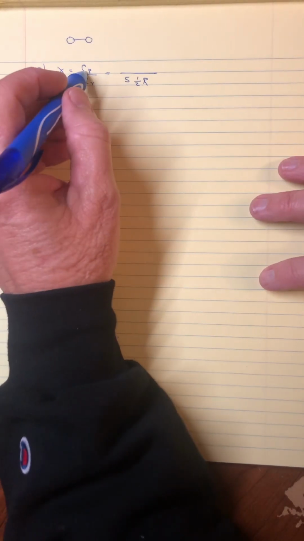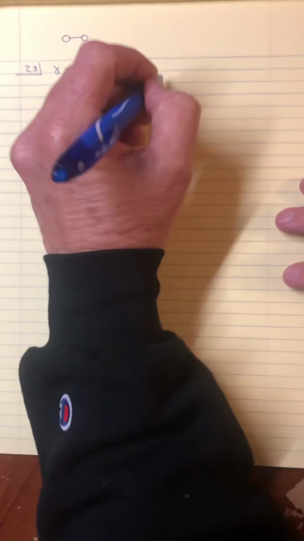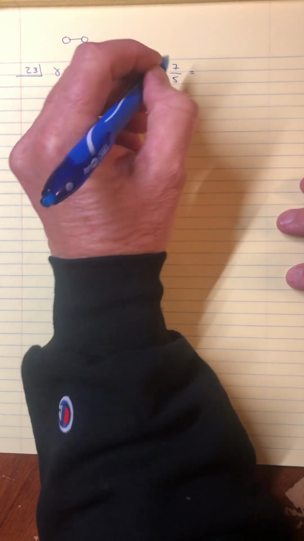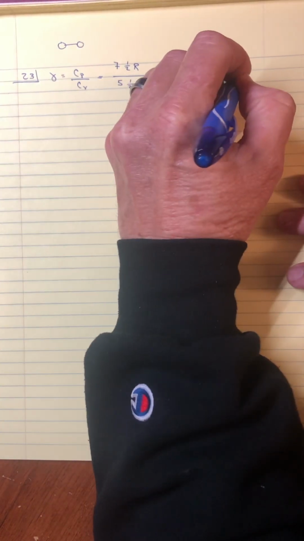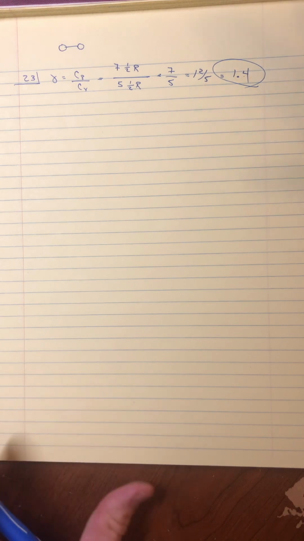And then Cp is 1 more R greater. So this would be 7/2 R, coming up to be 7 over 5, coming out to be 1.4. So the fact that they said diatomic also told me the ratio.